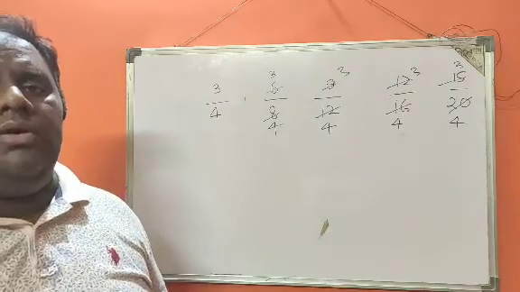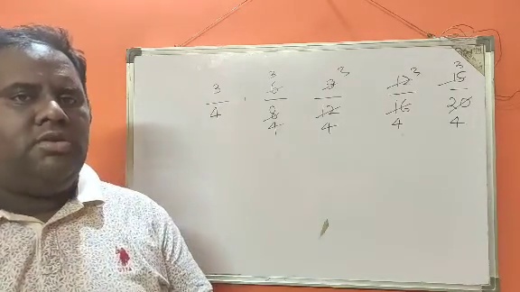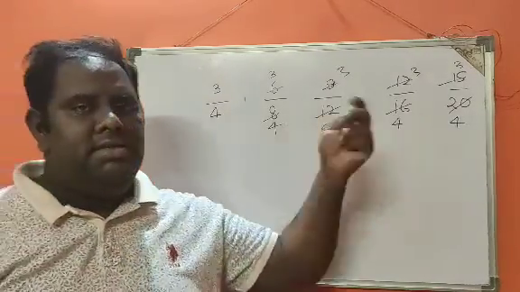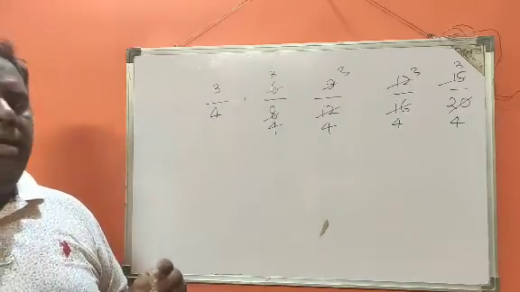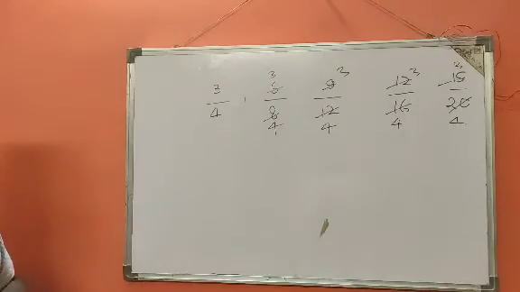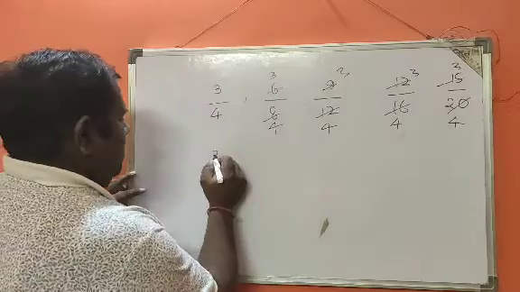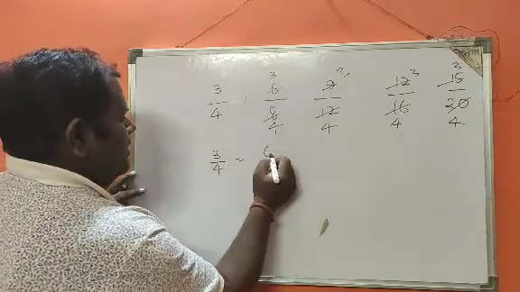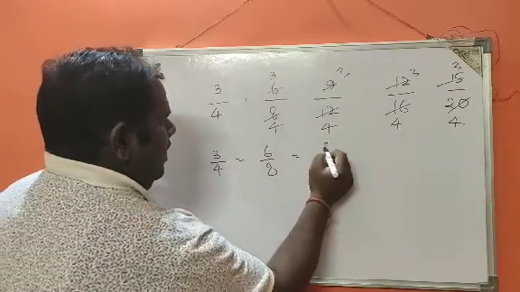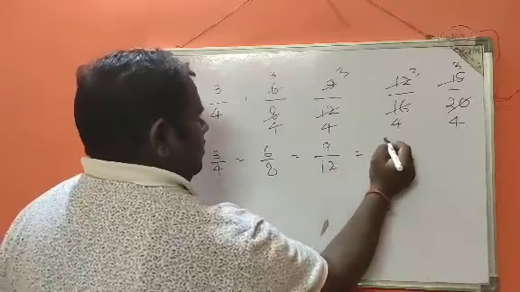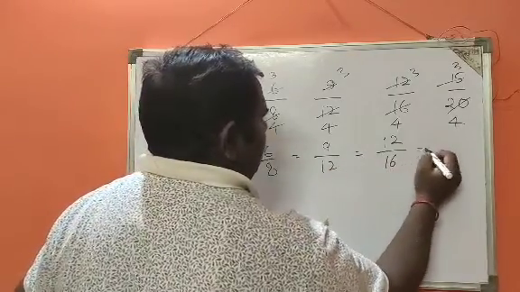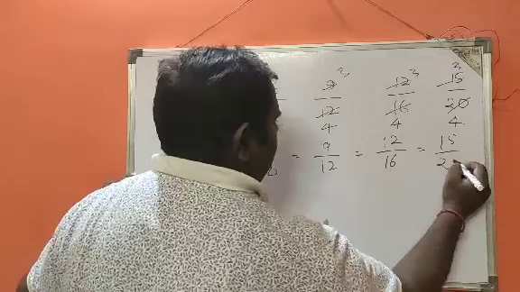Here also 3 upon 4. It means the actual value is not changing, but the digits are changing by multiplying numerator and denominator with the same number. So this 3 upon 4, 6 upon 8, 9 upon 12, 12 upon 16, 15 upon 20.